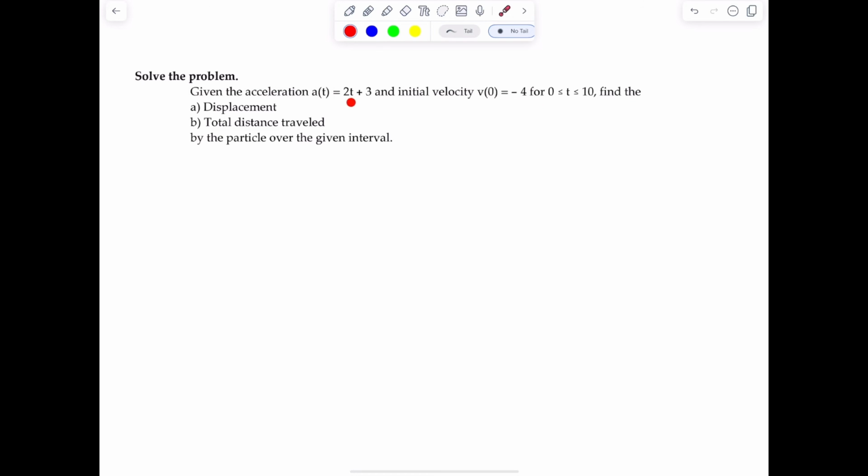So I can anti-differentiate this once and get the velocity function, but I can't do it one more time and get the position function because they didn't tell me anything about the initial position. So I can't use that very first definition I learned about displacement and total distance traveled. Instead, I'm only going to be working with the velocity function. So the definition for displacement when you're working with velocity would be the definite integral from a to b of v of t dt.